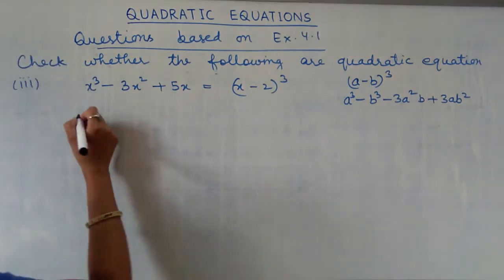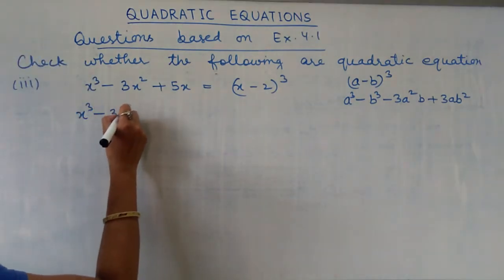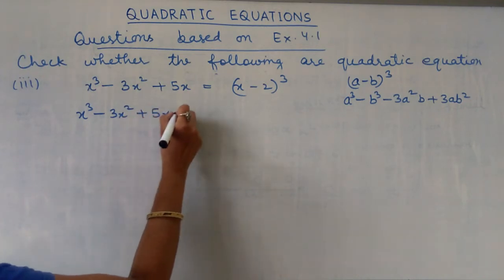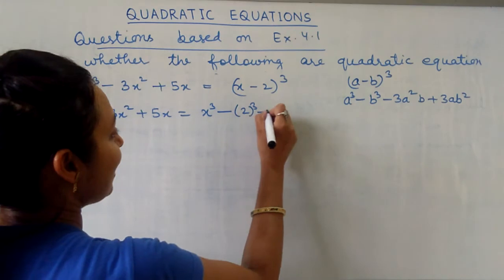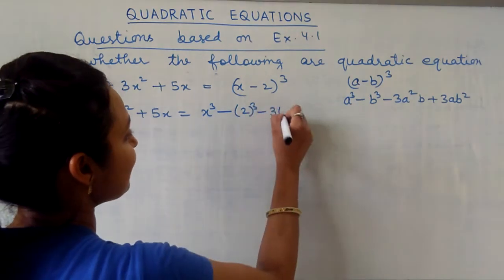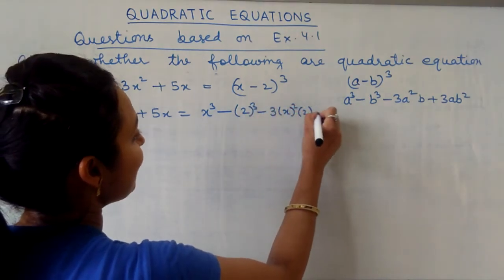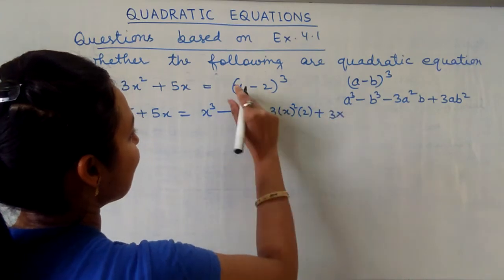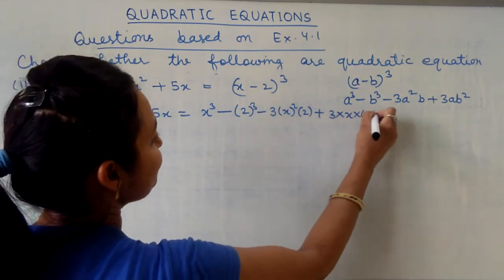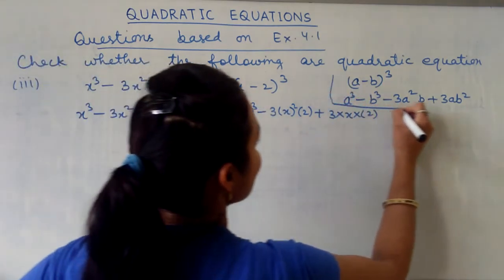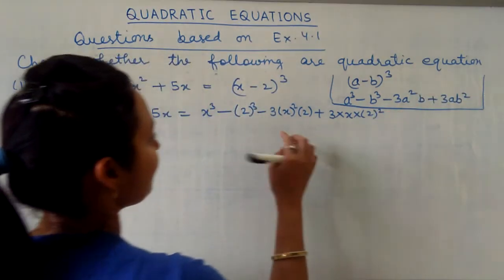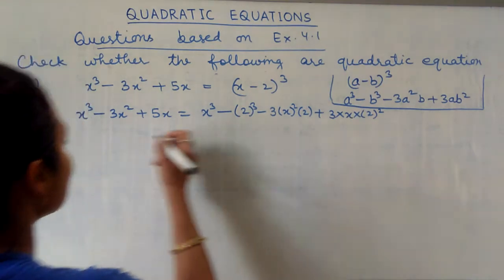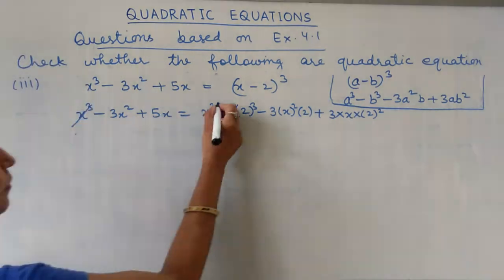So I write x cube minus 3x square plus 5x is equal to a cube minus b cube minus 3a square b plus 3ab square. This is the formula which I have used. This is 3ab square. The x cube and x cube will cancel.